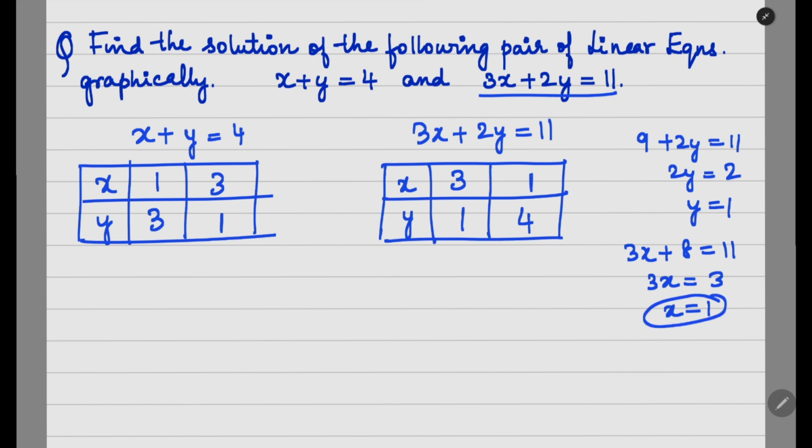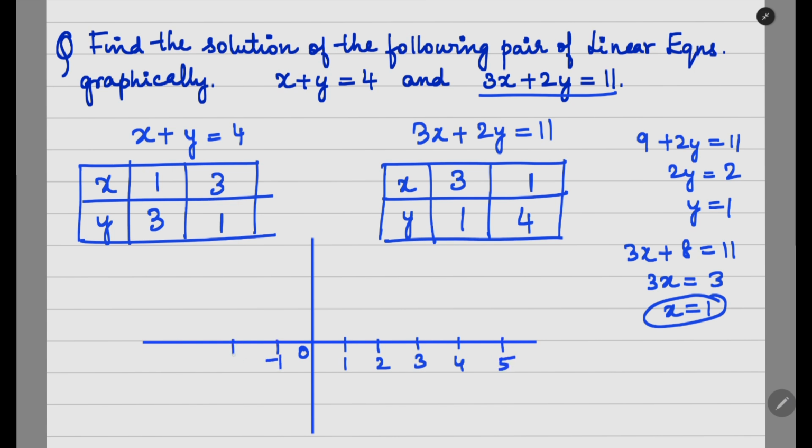So when you're plotting it, draw the x and y axis, and you have points 0, 1, 2, 3, 4, 5. This is minus 1, minus 2. Here you have 1, 2, 3, 4.